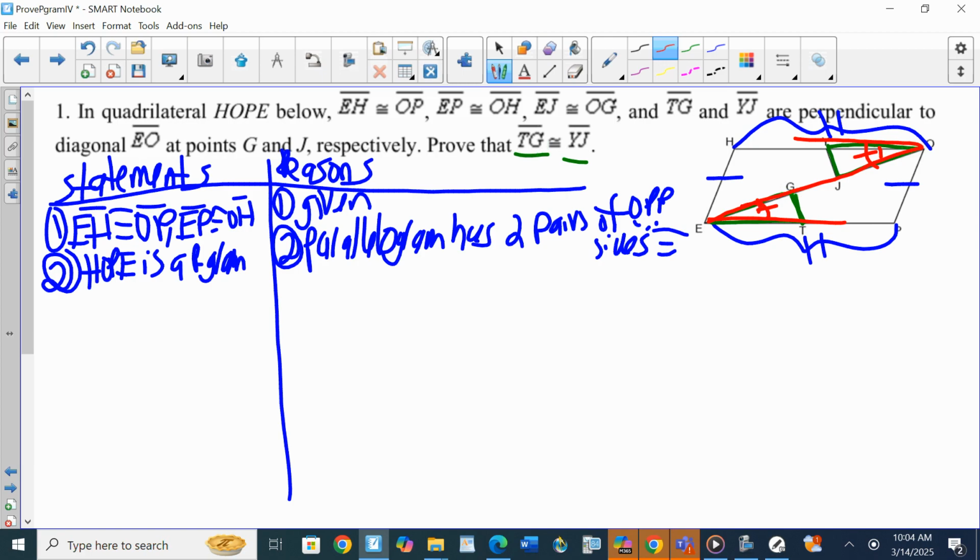1, 2, to make it easy. And I can state that angle 1 is congruent to angle 2.